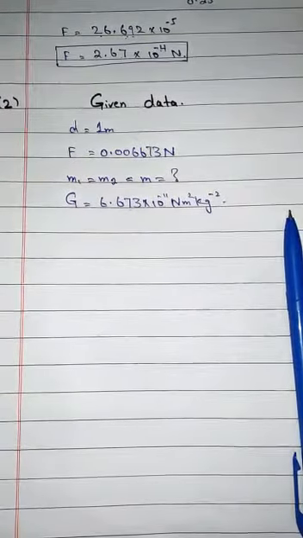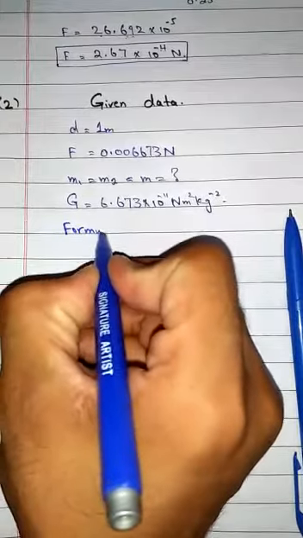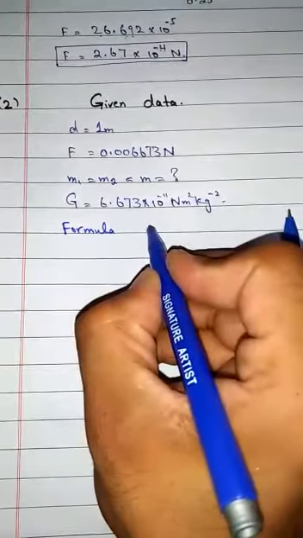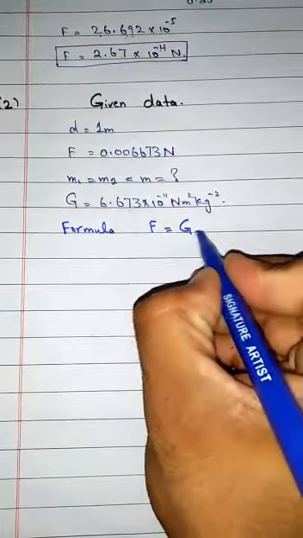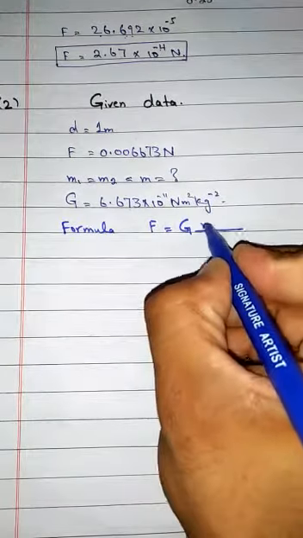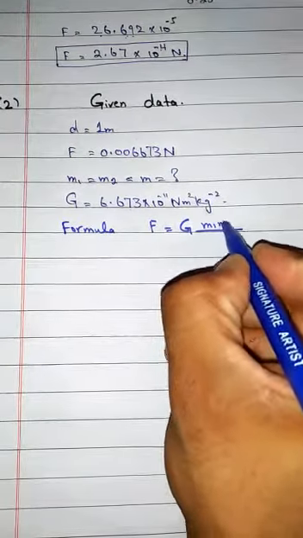The formula we know is F is equal to G m1 m2 over d².